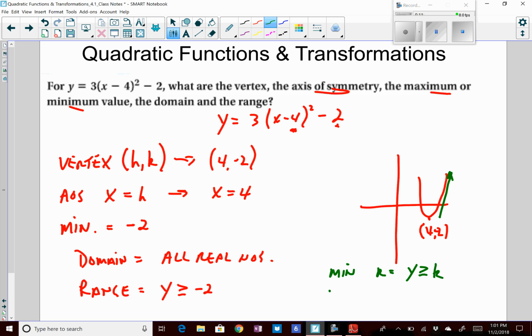When you have a maximum value and they want the range, then the range is always going to be y is less than or equal to k. So that's how I would remember to get the range correct, by looking at whether or not you have a minimum or a maximum value, setting up y and k, and then just knowing which inequality symbol to put in between them.